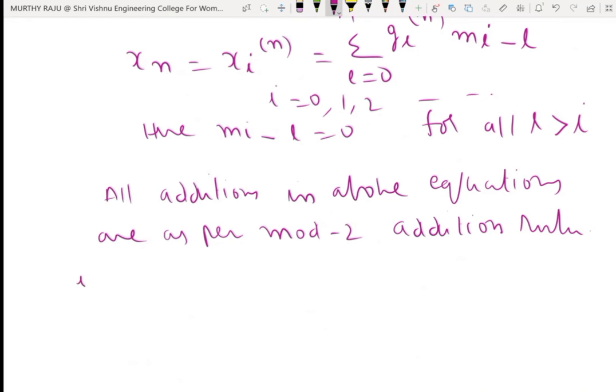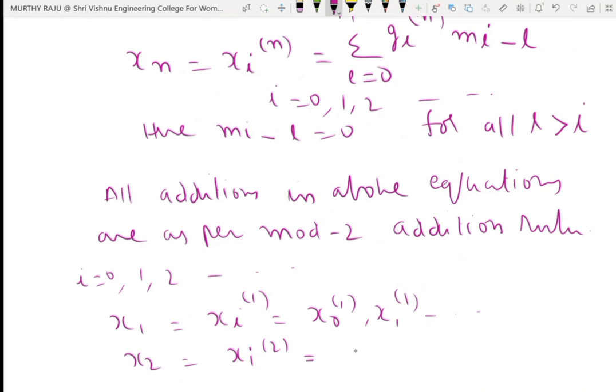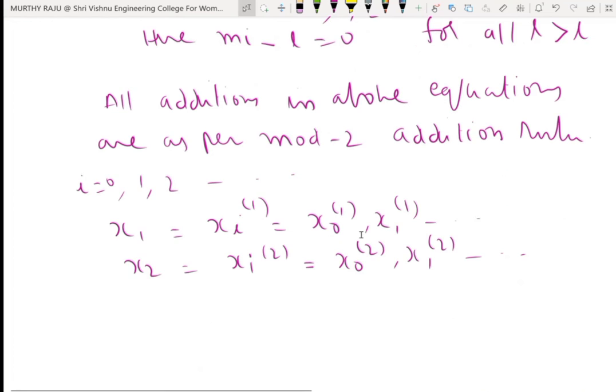Therefore, finally, i is equal to 0, 1, 2 and so on. x1 is equal to xi of 1, that means x0 of 1, x1 of 1, and so on. x2 is equal to xi of 2: x0 of 2, x1 of 2 and so on.